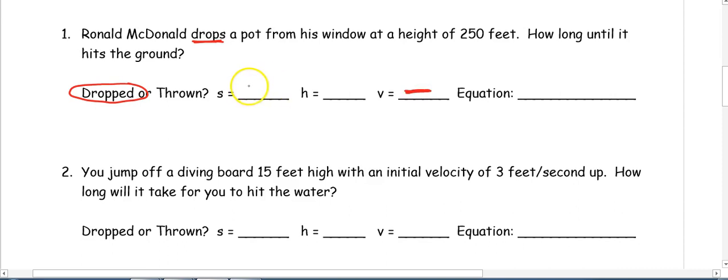So our start height of where the pot was before it fell out of the window was 250, and the ending height is when it hits the ground, so we're going to call the ground a height of 0. So if we're using the drop equation, that's H equals negative 16t squared plus S. So we are going to substitute the start height in for S, and we're going to substitute the end height in for H. So our equation then would be 0 equals negative 16t squared plus 250.